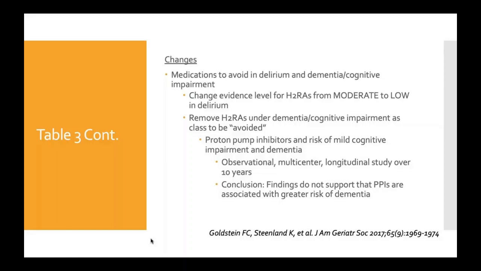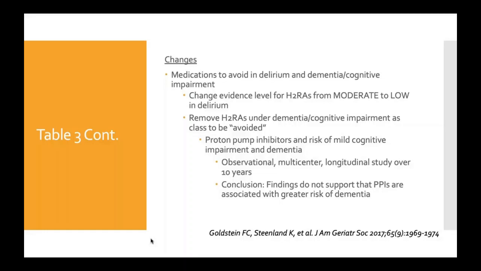And what they concluded from this study was that proton pump inhibitors were not associated with a greater risk of developing dementia. And by controlling for H2RA use, they were able to observe that the risk for developing dementia was low with these agents as well. So they're maybe not as large of a risk in this setting for potentiating worsening confusion.